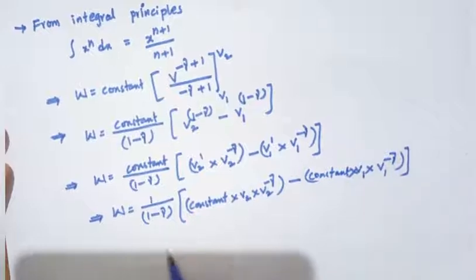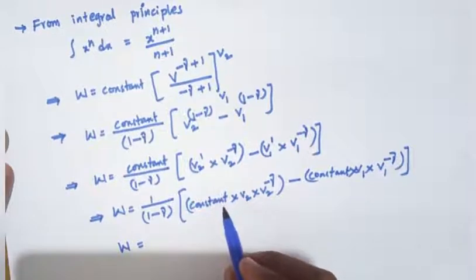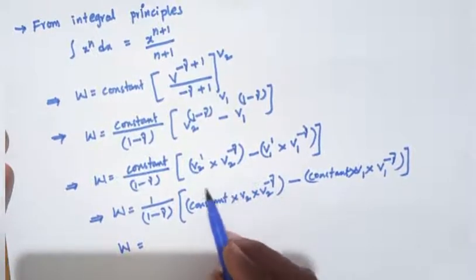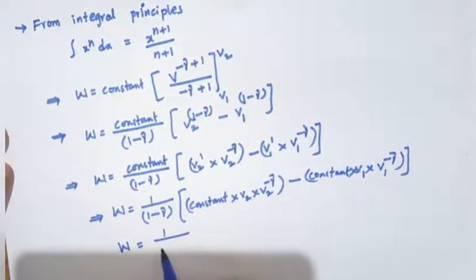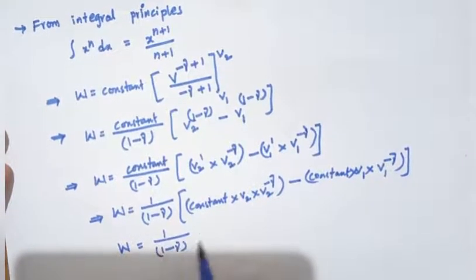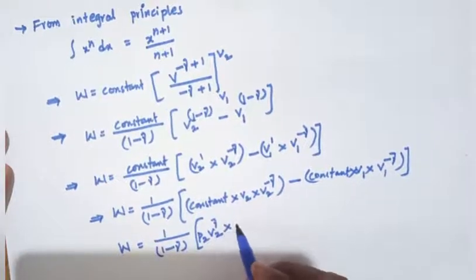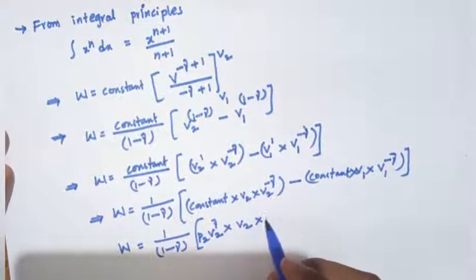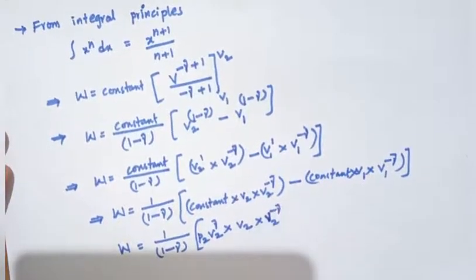Okay, so here from equation number 1, constant equals to P1 V1 power gamma equals to P2 V2 power gamma equals to constant. We can substitute here: constant equals to P2 V2 power gamma into V2 into V2 power of minus gamma.